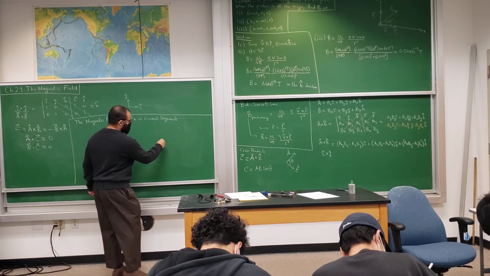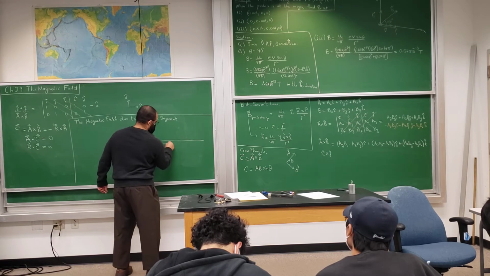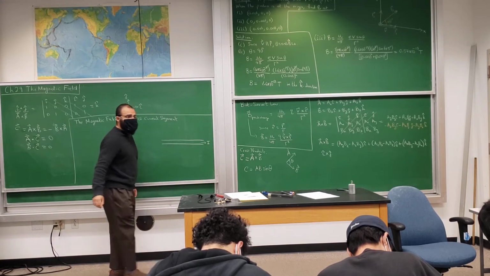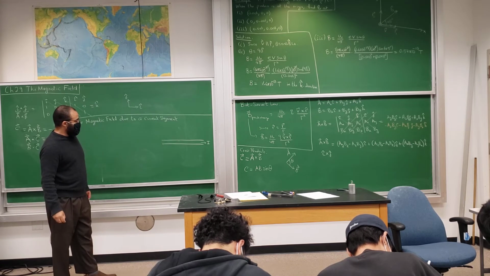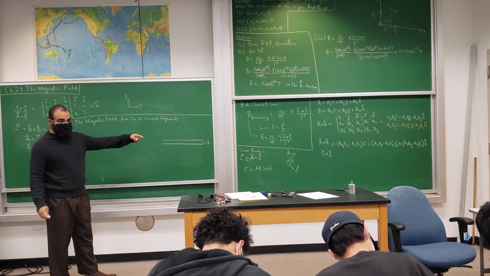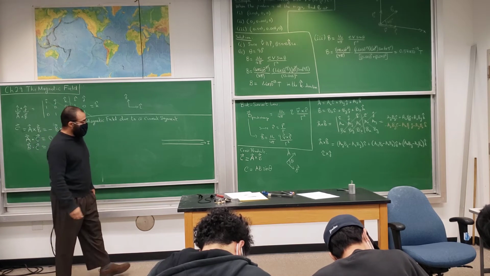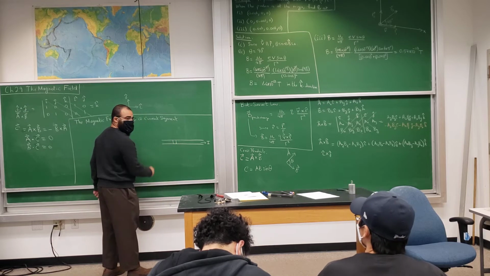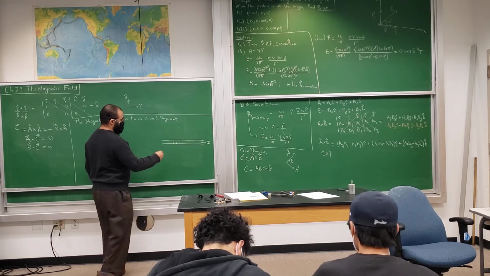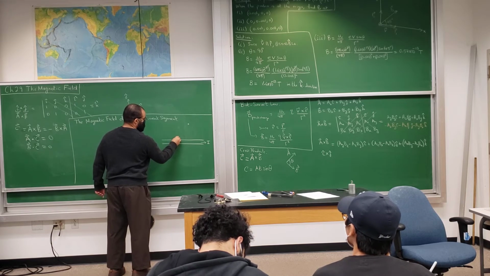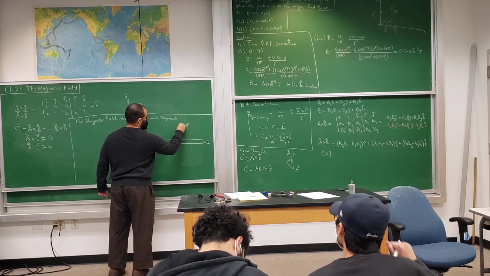So let's say I have a current in this direction, going to the right. Here's a portion of that current. And the question is, how much magnetic field does it generate a distance r away?